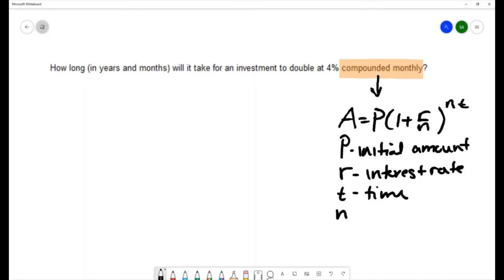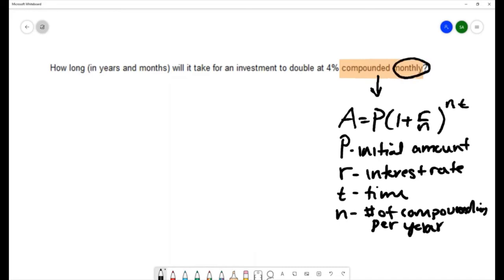N is the number of compoundings, or the number of times interest is added in 1 year. Because our question says compounded monthly, we are going to have 12 compoundings in a year, every month, and N will equal 12.